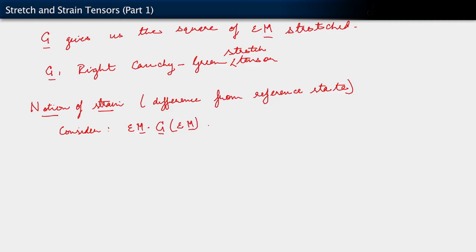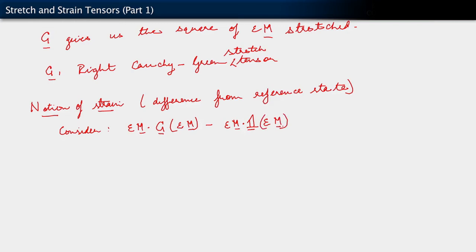And now we're just going to subtract out the original square of the magnitude of epsilon m before stretching. Now, we may write that as just epsilon m dotted with epsilon m, but I'm going to do just one more thing, which is I'm going to put in our second order isotropic tensor inside here, right? Because it does nothing. It, after all, is just your identity matrix, right? So you can have that acting on epsilon m.